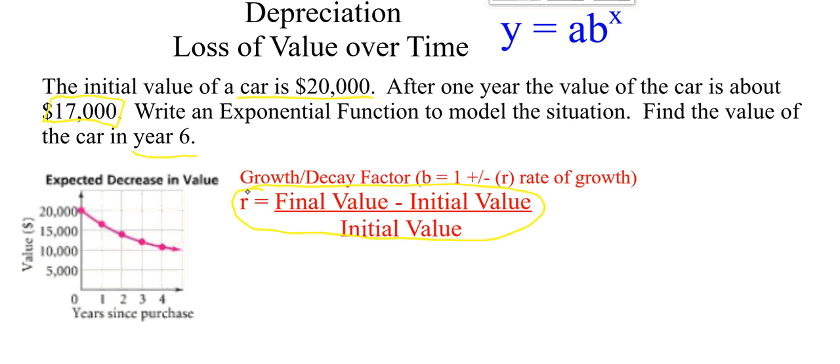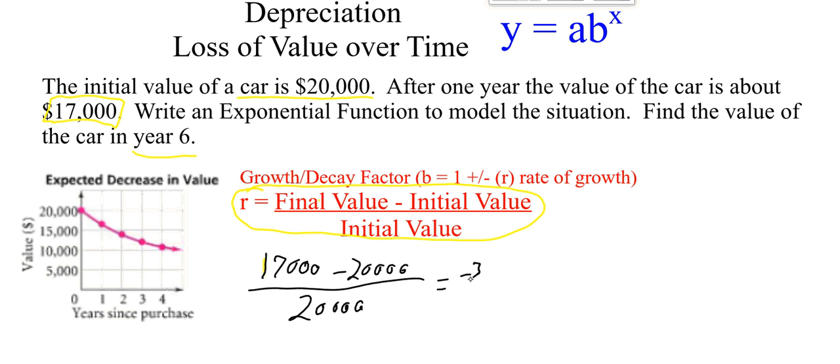Okay, we want to be able to find our R value. So to find our R value, we're going to take our final value, so that was 17,000, subtract our initial value, over our initial value, and we're going to see that we get negative 3,000 over 20,000, or reduces to negative 3 over 20, which is negative 0.15.